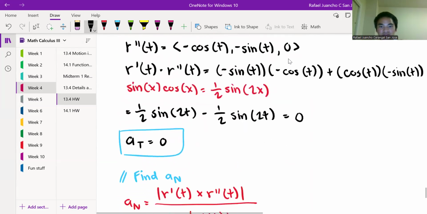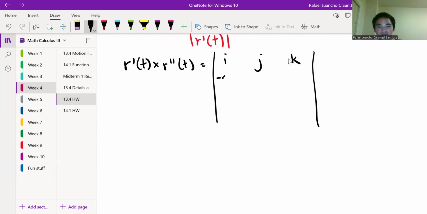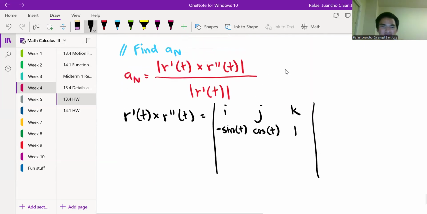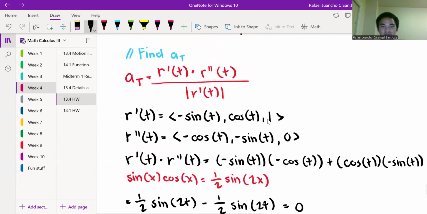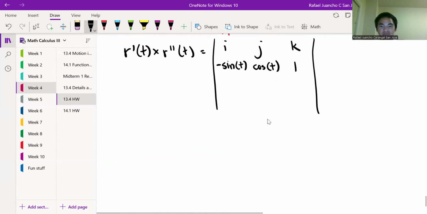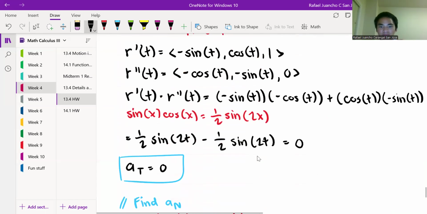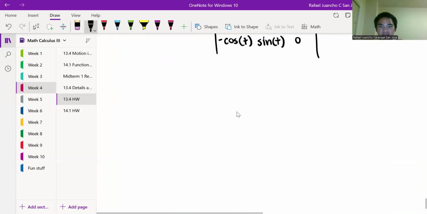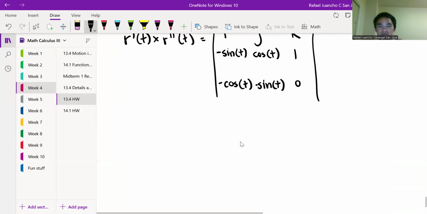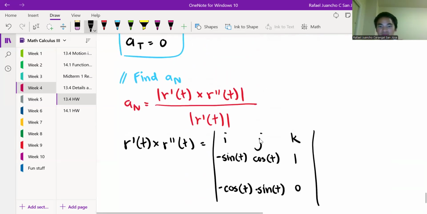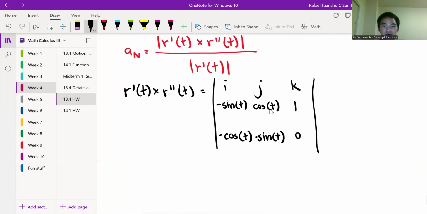So here we have negative sine t, cosine t, cosine t. And I think that was 1 for my first derivative. Yeah. And then for my second one, I have negative cosine t, sine t, 0, right? Oh, this is a negative sine. Okay. I can see that.